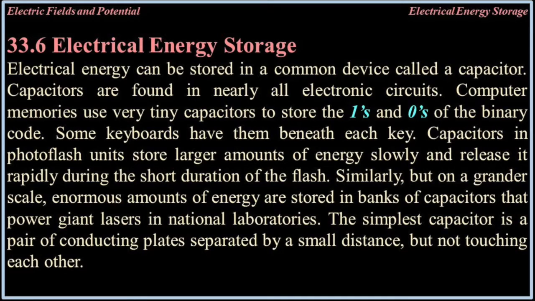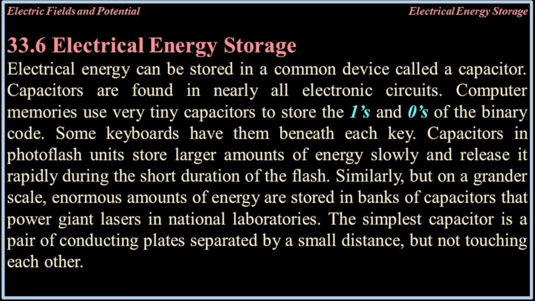Capacitors in photo flash units store larger amounts of energy slowly and release it rapidly during the short duration of the flash. Similarly, but on a grander scale, enormous amounts of energy are stored in banks of capacitors that power giant lasers in national laboratories.